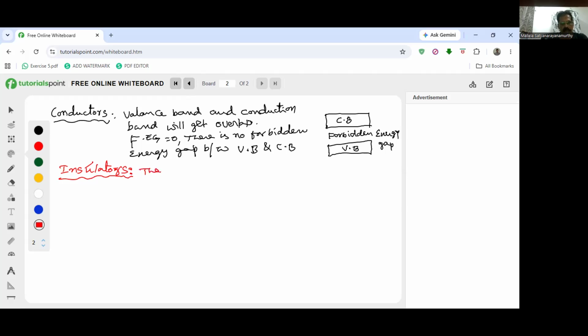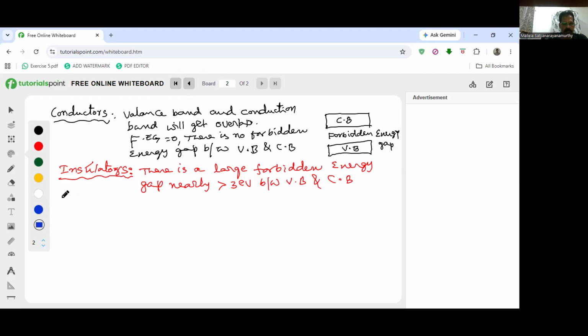There is a large forbidden energy gap, nearly greater than 3 electron volts, between the valency band and conduction band.